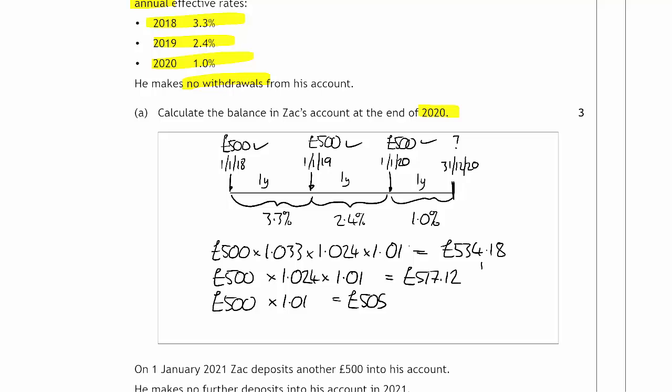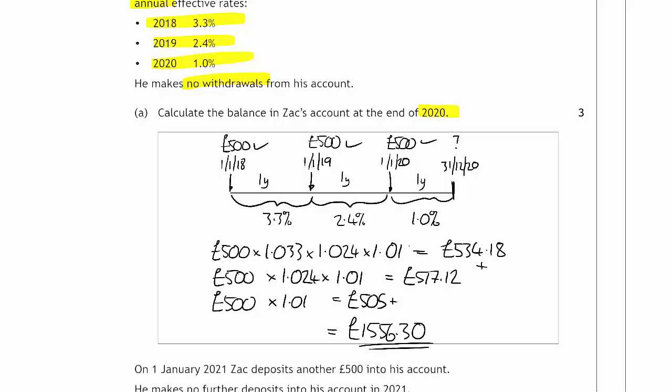Then what you do, you just add them up, and that gives you a grand total of £1,556.30. Obviously 1,500 of that is just the actual money put in, so you've gained an interest of £56.30.